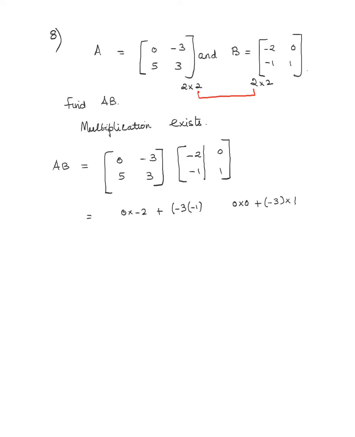And then go to the second row and multiply with the first column, which is 5 times -2 plus 3 times -1. And then take the second row and multiply with the second column, which is 5 times 0 plus 3 times 1. So this is how we multiply.